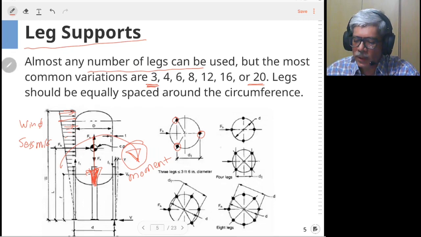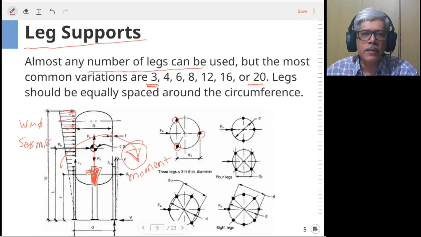So depending on how many legs there are, different procedures are there by which you can calculate the reaction coming on the leg, and the design consists of finding the size of cross section for the leg as well as the joint design where the leg is joined to the vessel.